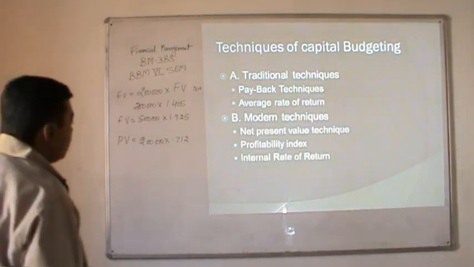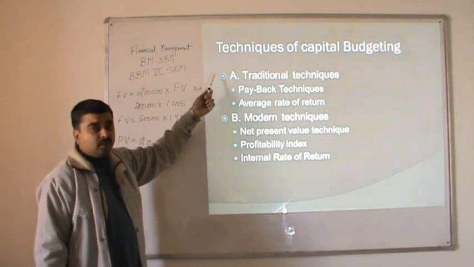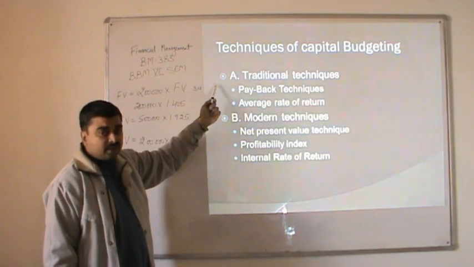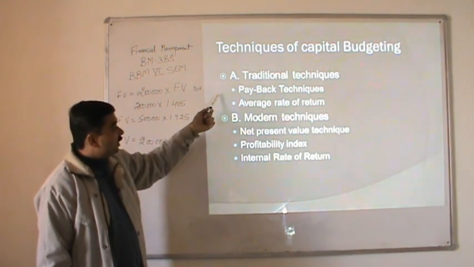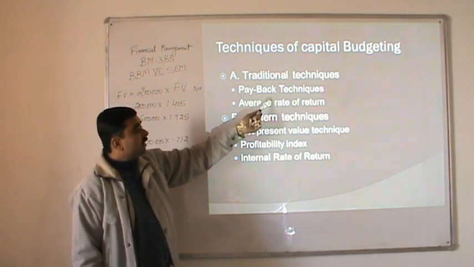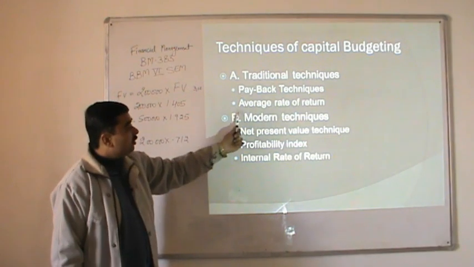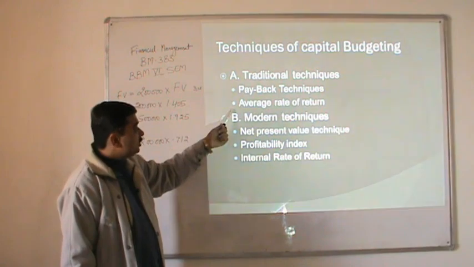There are two types of techniques which are used for capital budgeting. Number one is the traditional technique, and number two is the modern techniques. In the traditional techniques, there are two types: payback period related techniques and average rate of return or accounting rate of return related techniques.